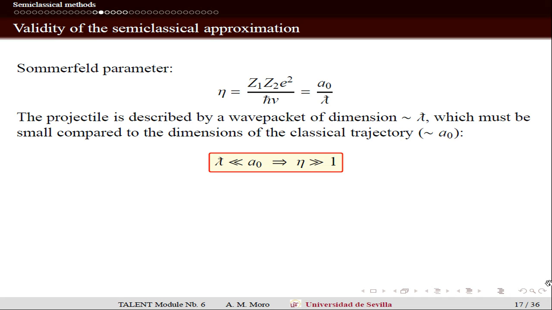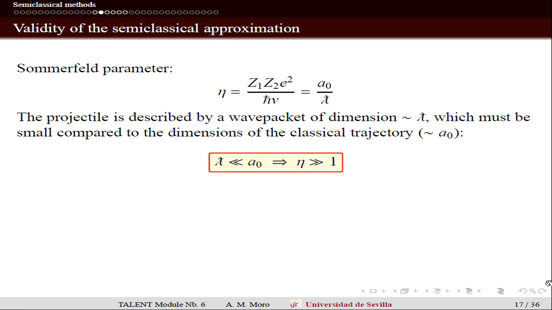So in order for this picture to make sense, we have to assume that the size of the wave packet that describes the projectile has to be small compared to the characteristic distance that this projectile is traveling in the proximity of the target. If we estimate this distance by A naught, the characteristic distance of this collision, then this gives us an interpretation of the Sommerfeld parameter.